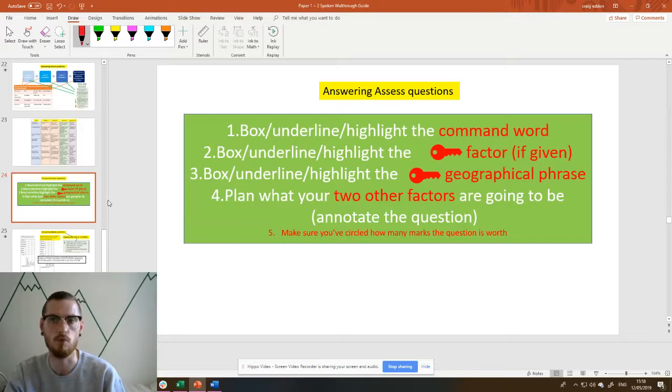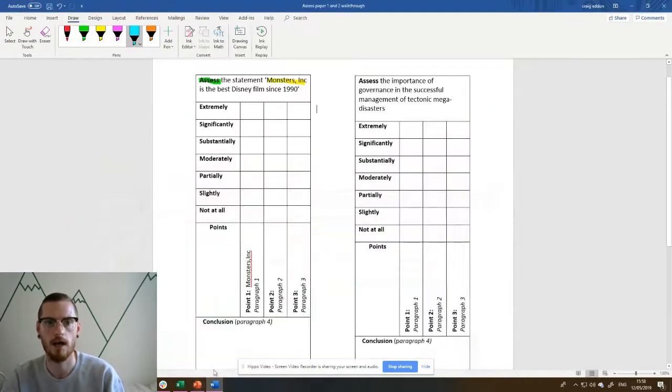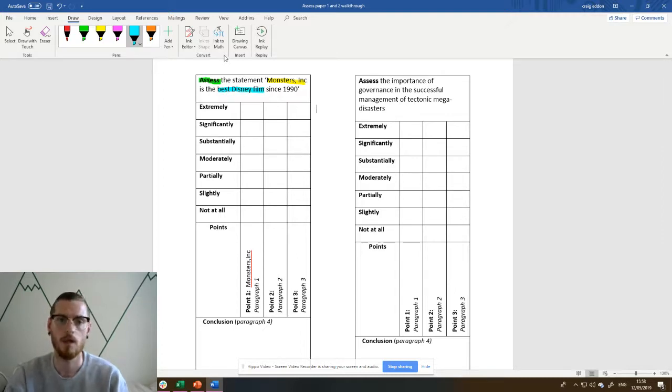This is movie or film related, and it's going to be this here. It's just the fact this is just it, the best Disney film. That's it. Okay, so I'm weighing up Monsters Inc. in terms of whether it is the best Disney film, and I need to come up with two other ideas.